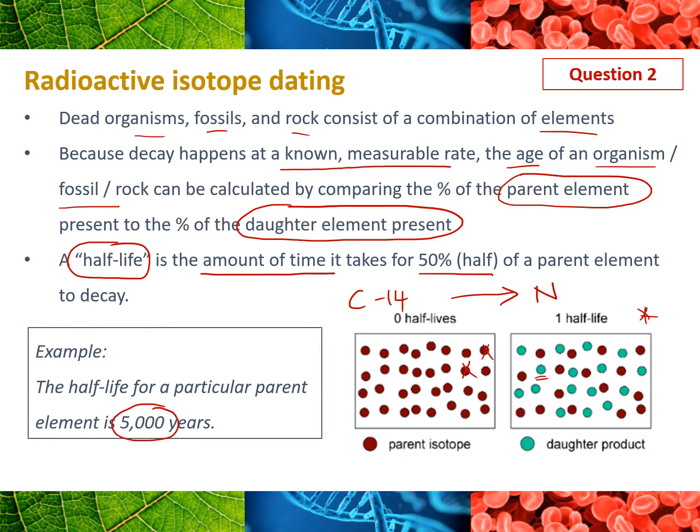That means if we measured a mummified woolly mammoth and found that there was 50% carbon in comparison to nitrogen, so there was an equal amount of both of those elements, we could estimate that that mummified organism is around 5,000 years old.